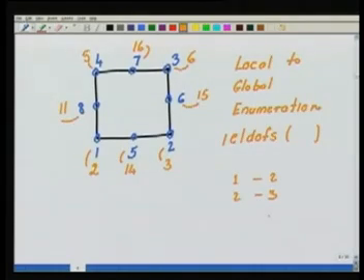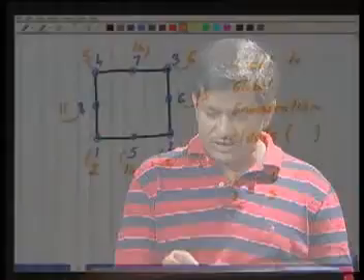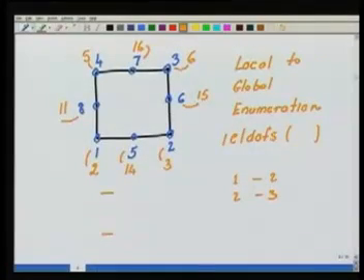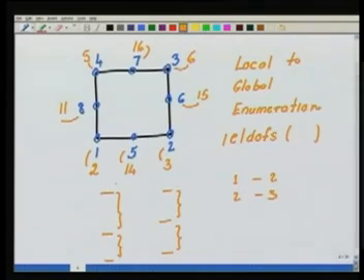So this I am going to do in such a way that the stack of the 8 degrees of freedom for the first element is put first, then the next 8 corresponds to the second element, then the next 8 corresponds to the third element, and then the fourth element. So in this actually we will have stack of 8s, because every element has 8 degrees of freedom defined at the local level. And then through suitable pointers we can address these locations, find out the local to global enumeration.